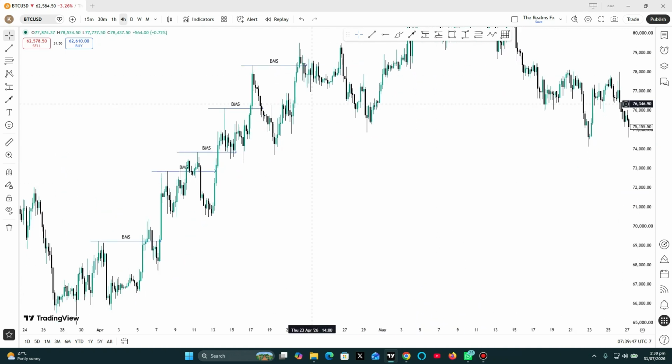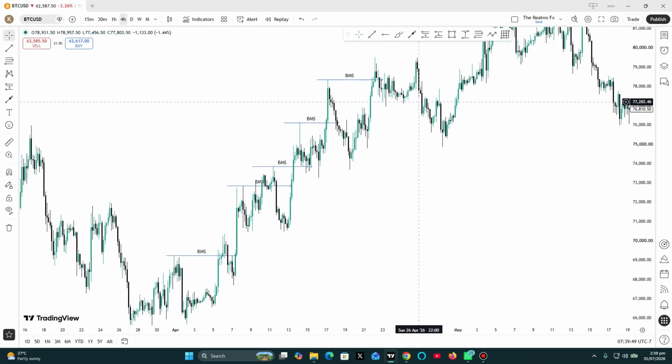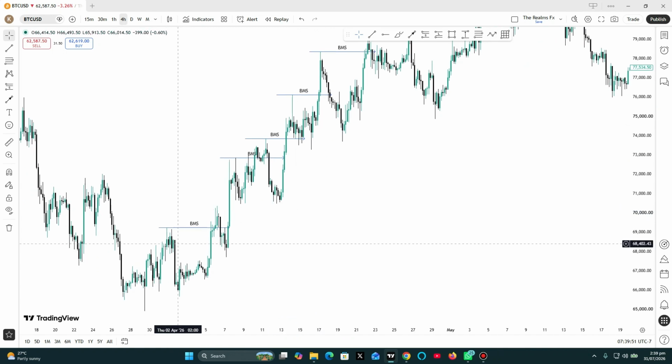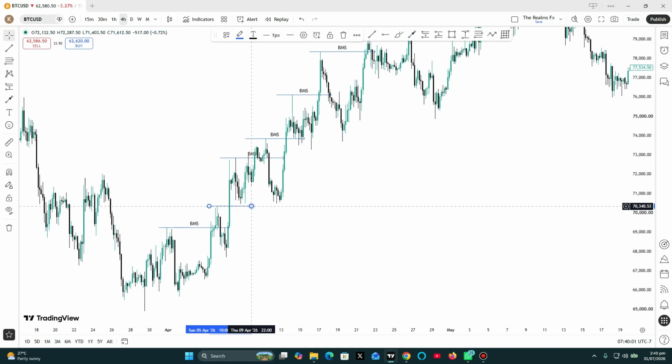In this market trend, you can notice that once price broke this structure, it came back to retest and then broke structure again. But for this one, it did not come back to retest its other block.